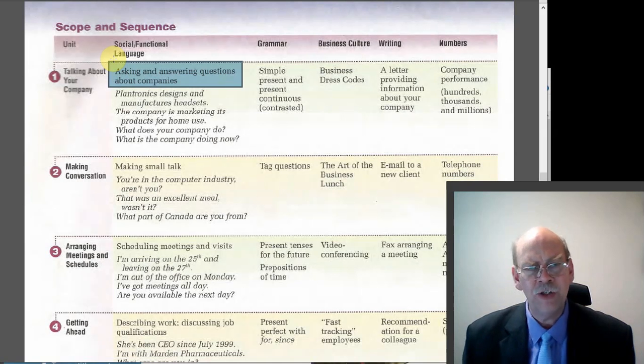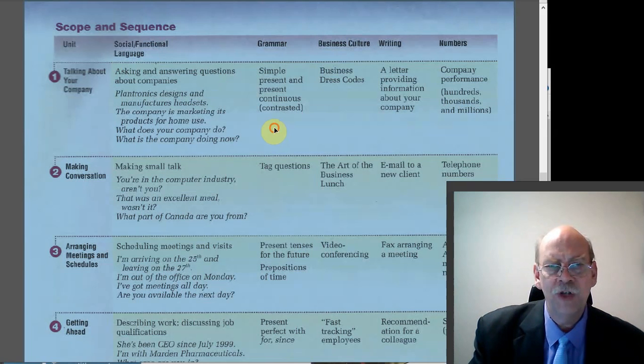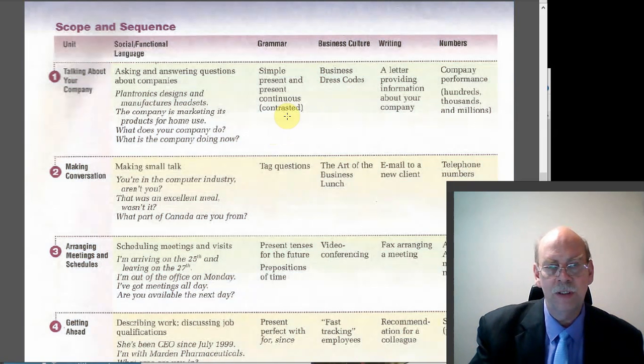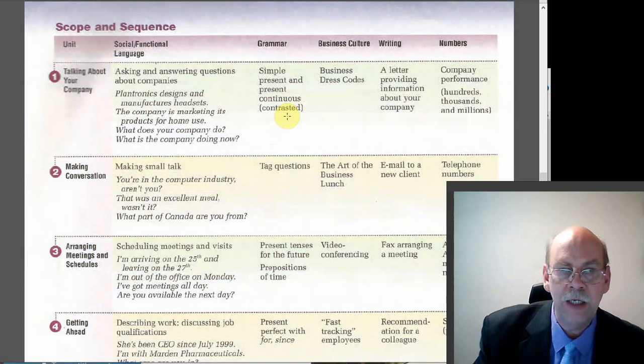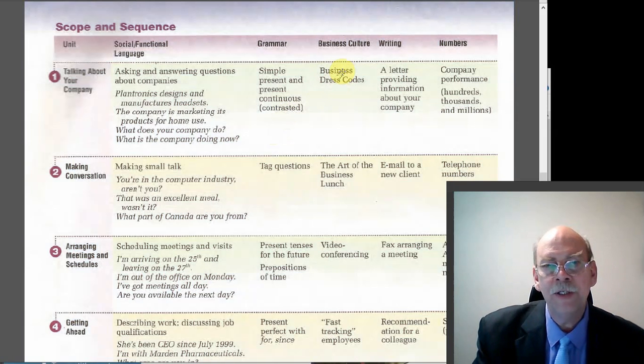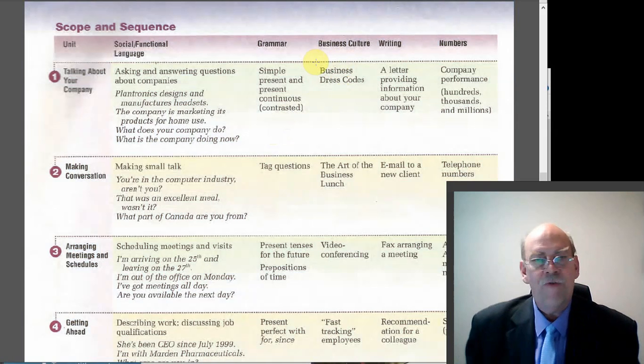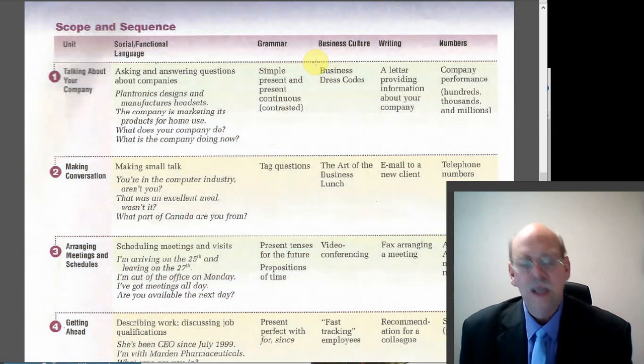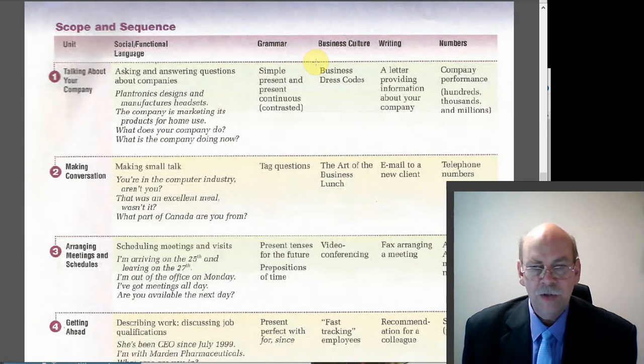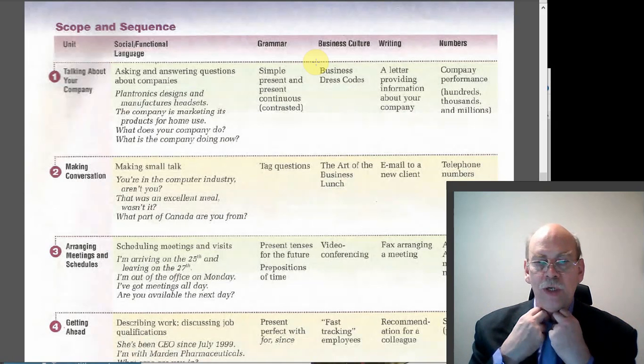There's a grammar section that talks about, the first chapter talks about simple present, simple present continuous. We'll go through that kind of quick. Business culture. For example, business dress codes. We're definitely going to spend some time on that. Notice that I'm wearing a suit for our first week of class. Now, actually, at school, I do usually wear a dress shirt. Koreans say white shirt.